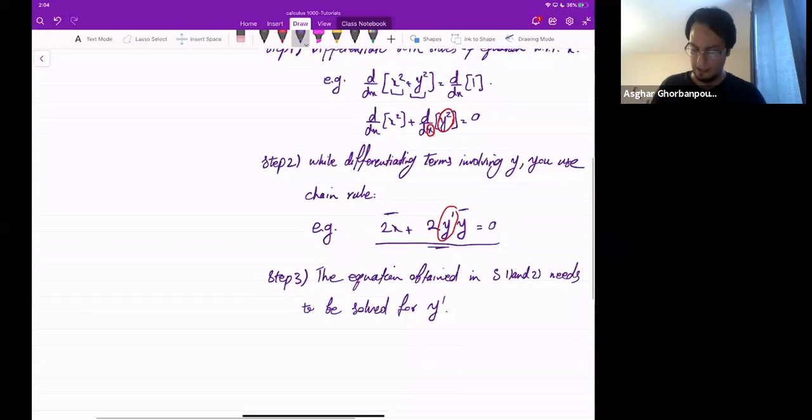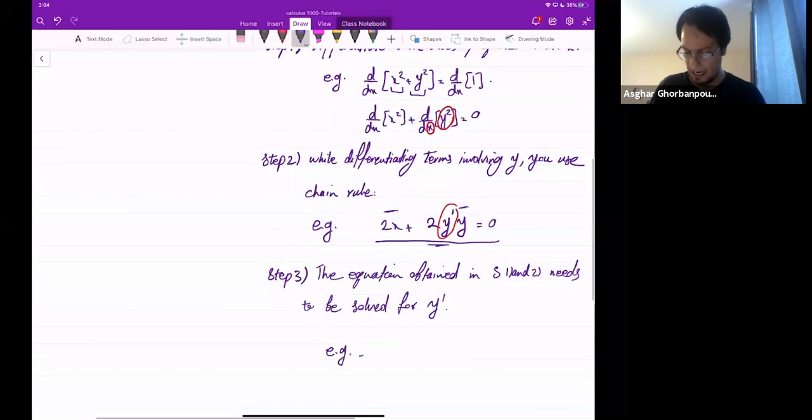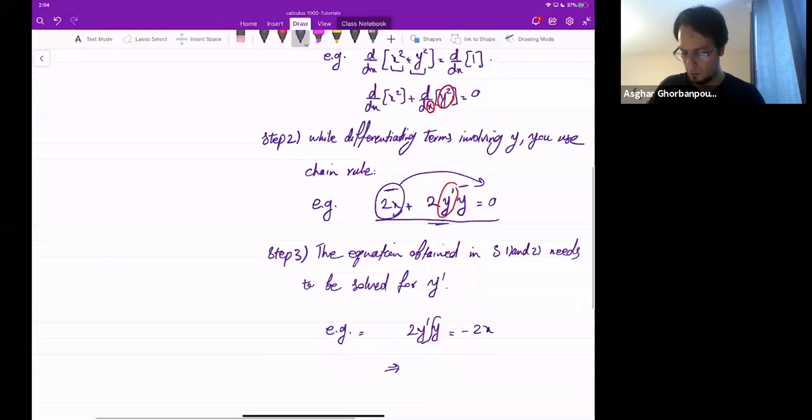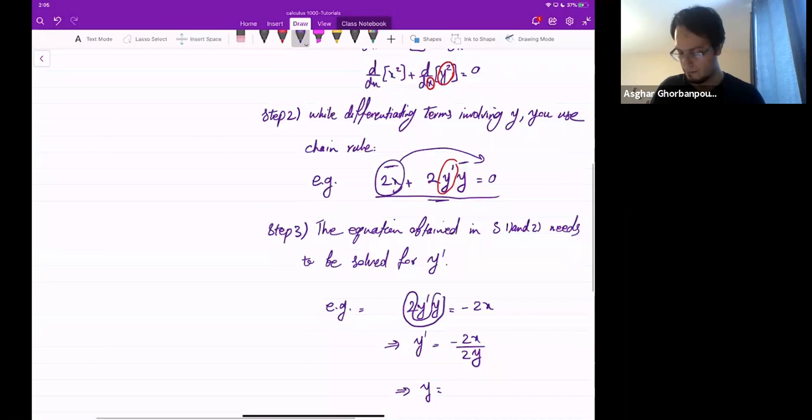So in our example, this has no y prime, I take it to the other side. So 2y y prime is equal to negative 2x. Then 2 times y is the coefficient of y prime. I can divide it to the other side. And then you can simplify maybe here. And that's what you get.